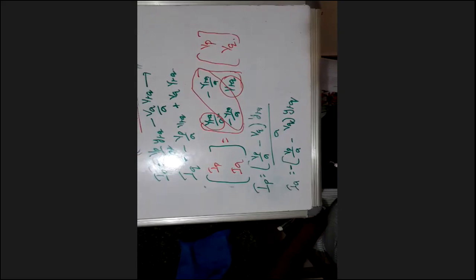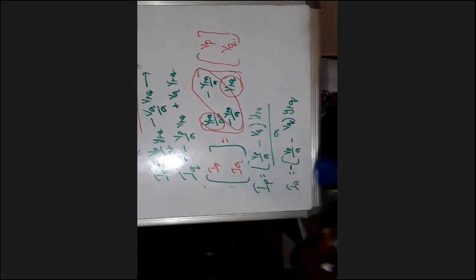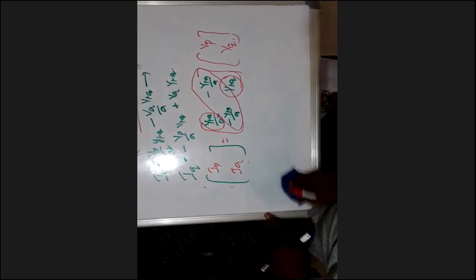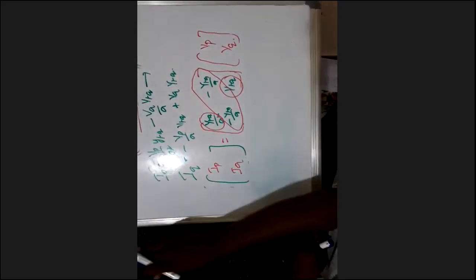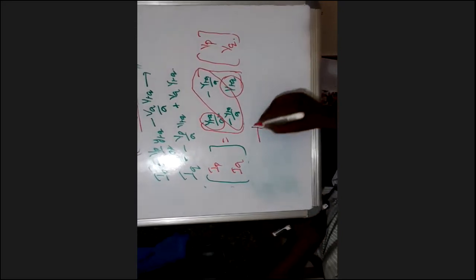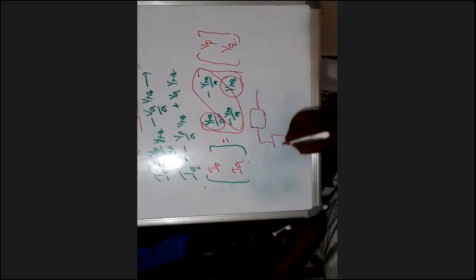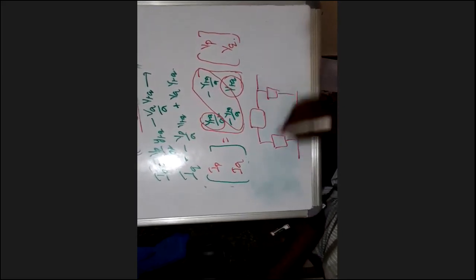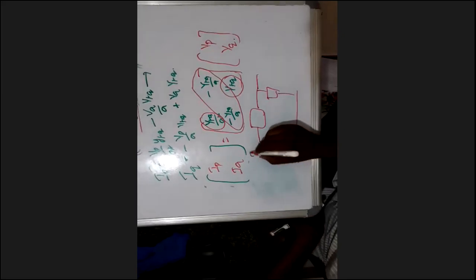Right. Now I want to represent this into the pi model. Pi model means, I am drawing the image here. This is the input current.